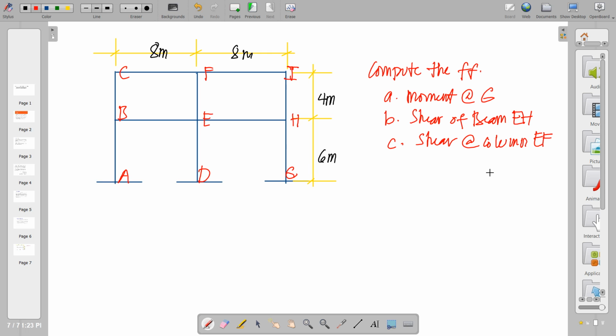Okay, so we have here an example. We have a frame, compute the following: the moment at G, the shear of beam EH, and the shear at column EF. And by the way, these are loaded horizontally.